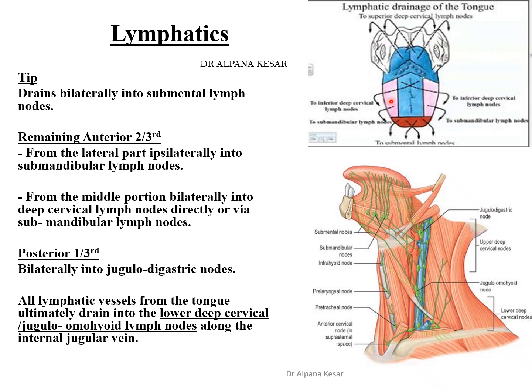Ipsilateral drainage, which occurs from the lateral part of the anterior two-thirds of the tongue, means that the lymphatic drainage from the left side of the tongue will go into the left group of lymph nodes.